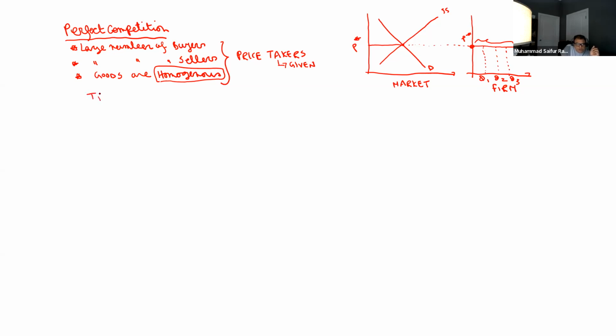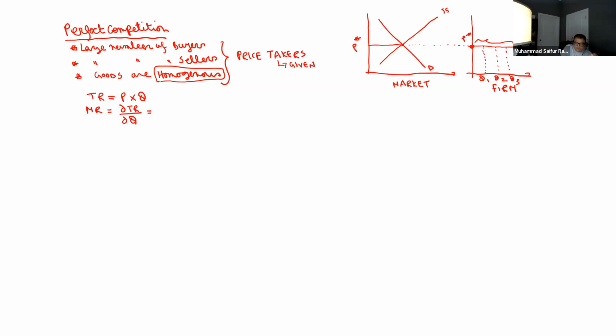So we know that total revenue is price times Q, and our marginal revenue is when you differentiate total revenue with respect to Q. So marginal revenue refers to the extra revenue you get when you sell an extra unit of output.